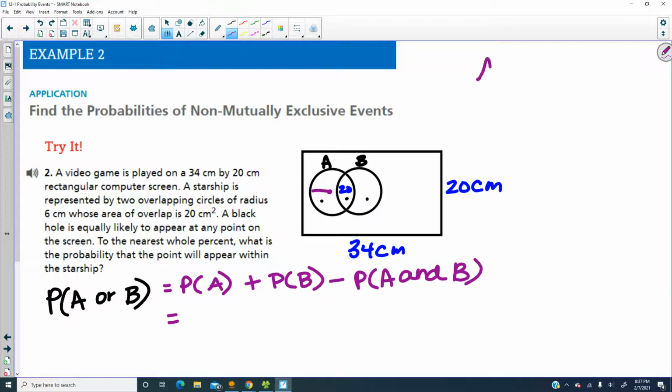The area of a circle is pi r squared, and we know the radius is 6 centimeters. So pi times 6 squared would be 36 pi. So 36 pi is the area of this circle right here.